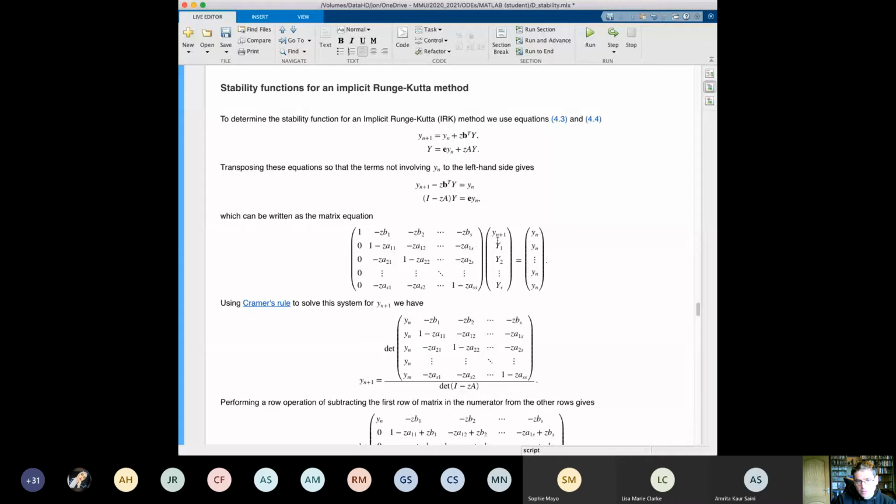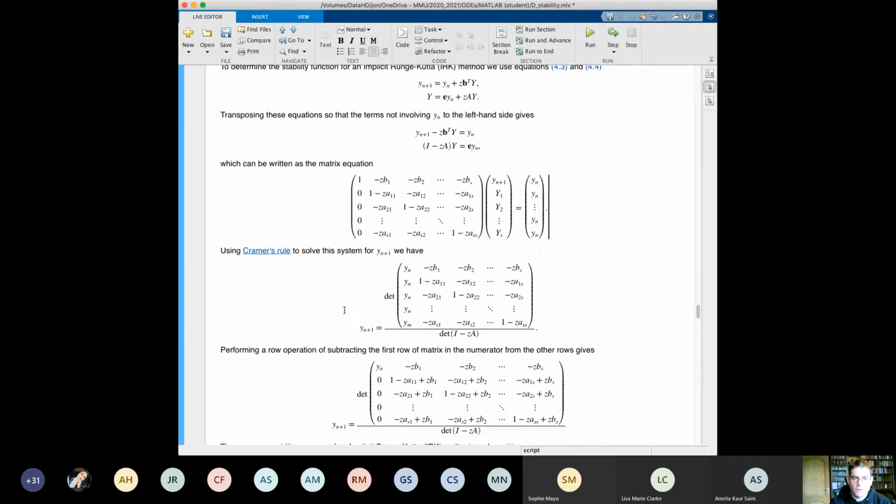Now we can solve for that first unknown, yn plus 1, using Cramer's rule. Thinking back to your first year, in Cramer's rule we replace the first column of the coefficient matrix by the constant vector. It's the determinant of that divided by the determinant of the coefficient matrix. The numerator is just a straightforward, well, I'd say straightforward, it's just that determinant.